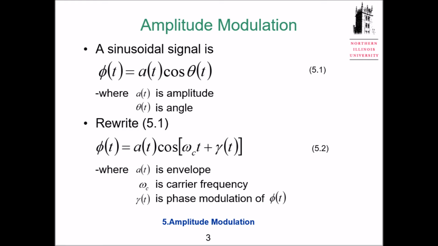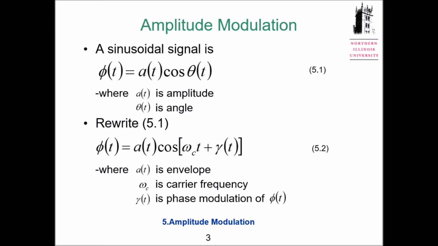We talk about continuous wave, and in this chapter we play with A of t, so we call it AM. Next chapter we are going to play with all the stuff inside this bracket, we call them FM or PM.